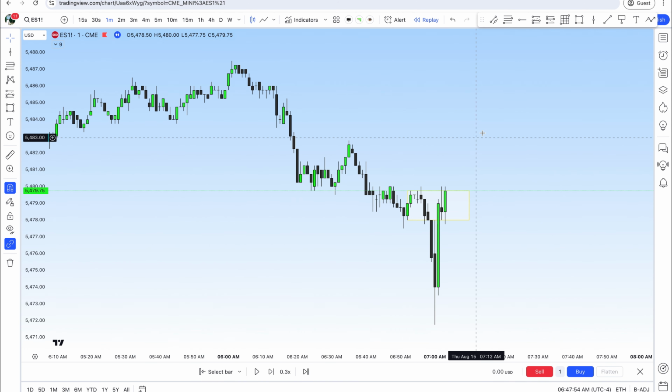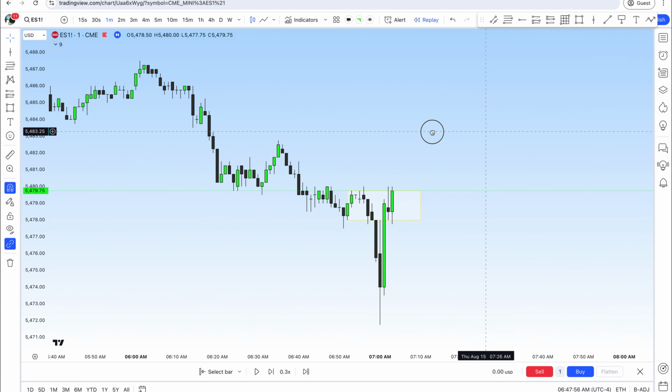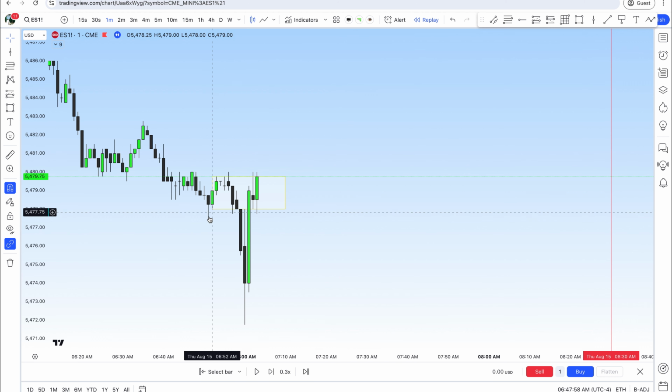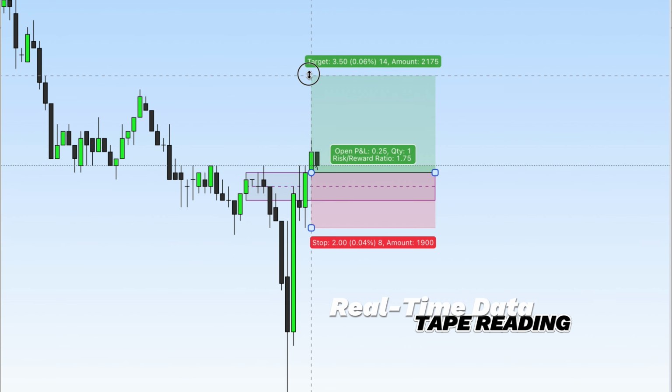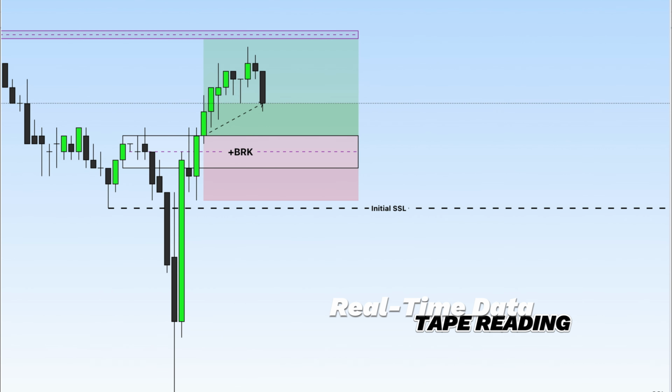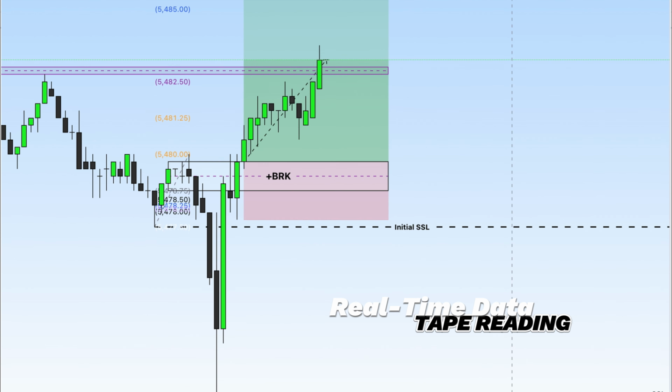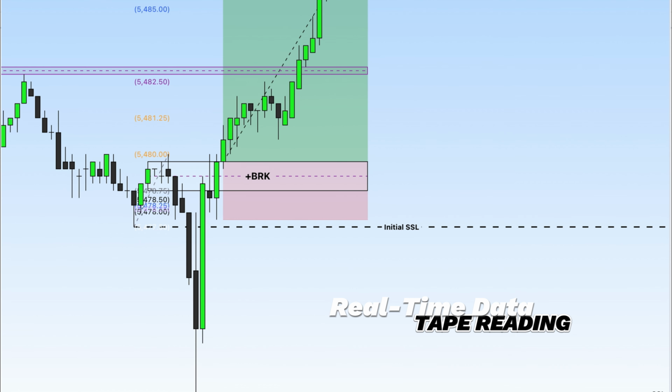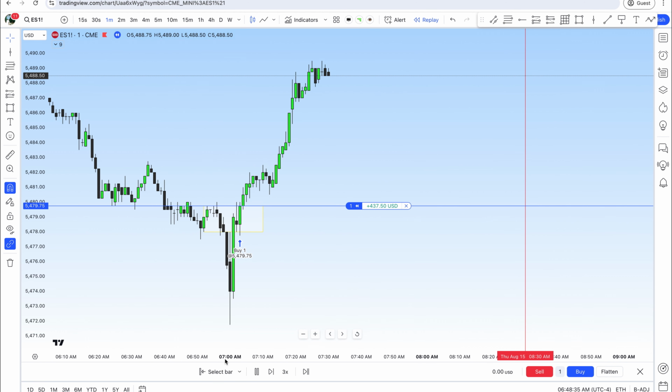What I did was I was reading the tape. So tape reading, I'm watching the candles form. And once I seen price right here, I'm like, okay, I'm going long. So this is bullish.